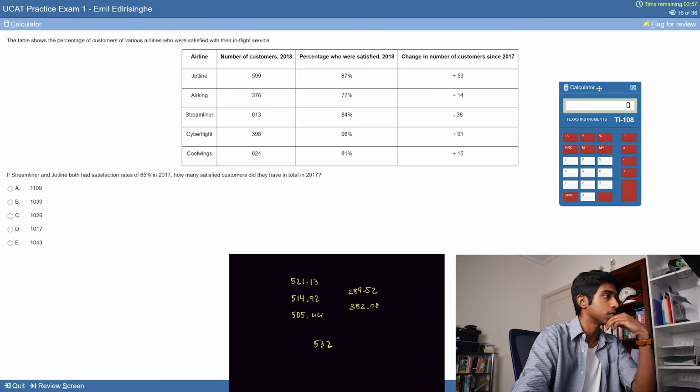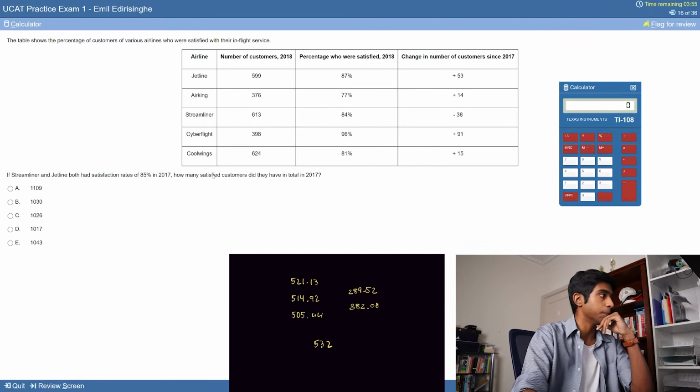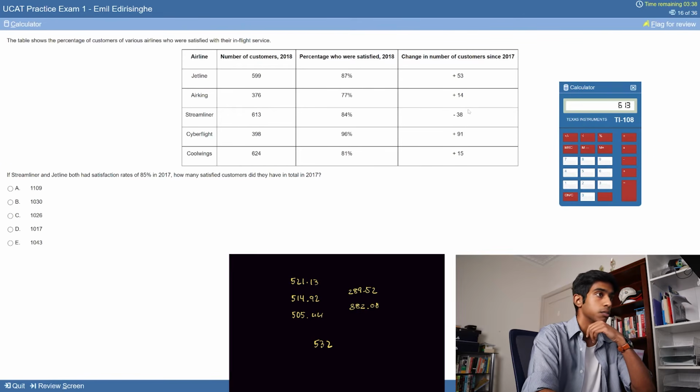Okay. Streamliner and Jetliner both had satisfaction rates of 85% in 2017. How many satisfied customers did they have in total? Okay. So, Streamliner had 38 more customers. Yeah, so you had 613 plus 38 equals that, times 0.85 gives you 553.